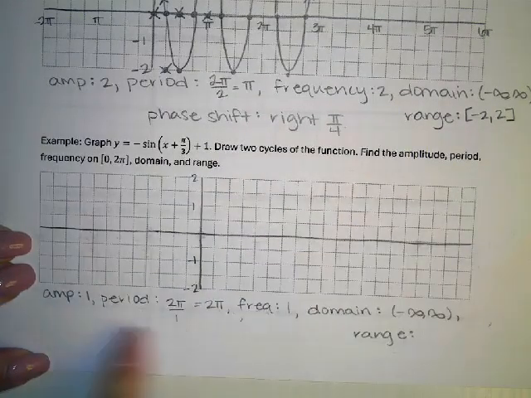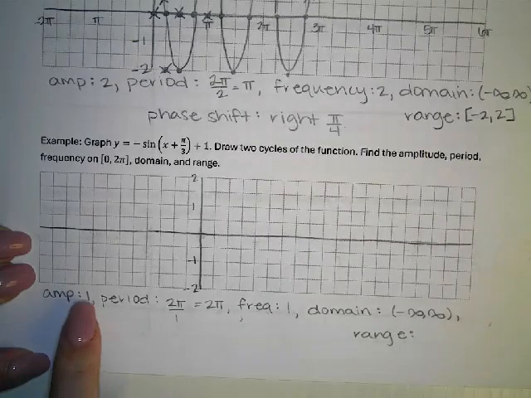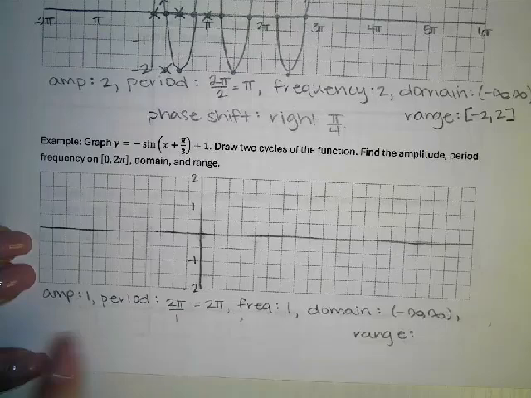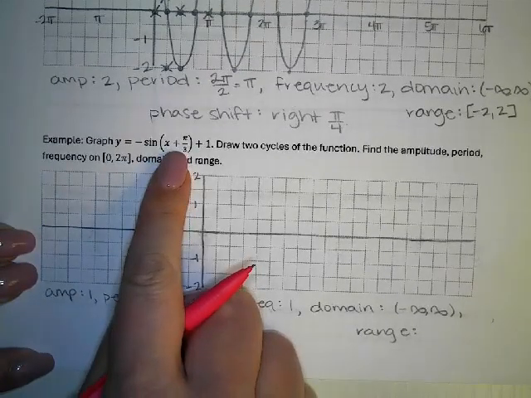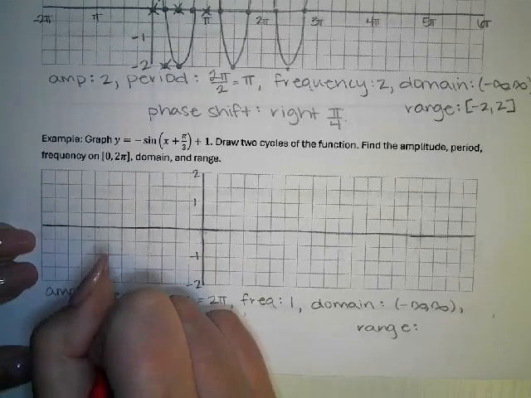So on the surface, this graph seems like it would be a little bit easier because it has just the standard amplitude and the standard period. What makes this graph a little bit more difficult to draw is that it has a phase shift of pi thirds.